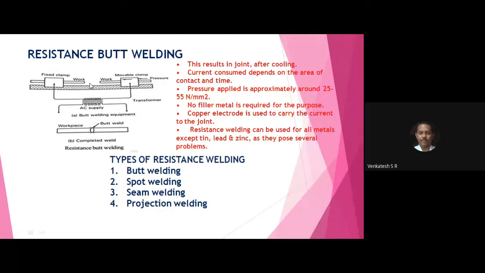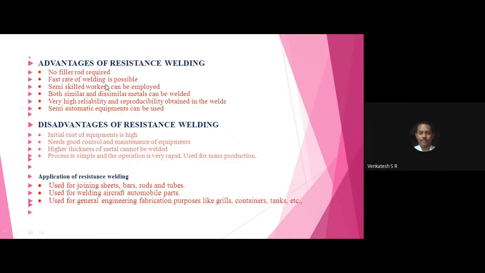Due to the resistance, heat of up to 2000 degrees is created, and the joint is formed between the two workpieces. This diagram indicates the principle of resistance butt welding. And you have the advantages, disadvantages and applications of resistance welding.